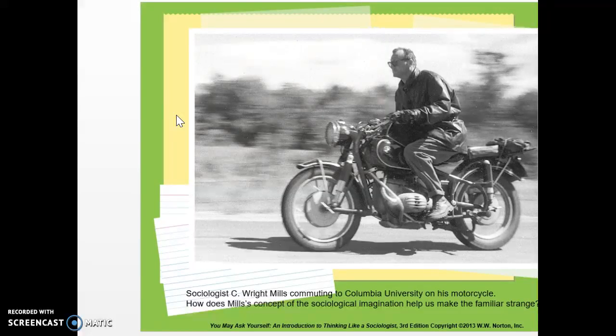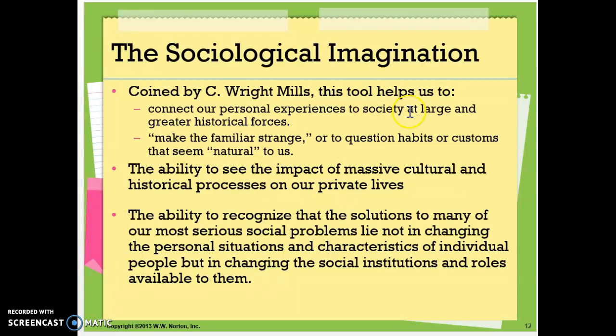He rode his very cool BMW motorcycle to class every day in his leather jacket. He studied some really interesting things about power arrangements in society. But he's probably best known for coining this term, the sociological imagination, which we all talk about.